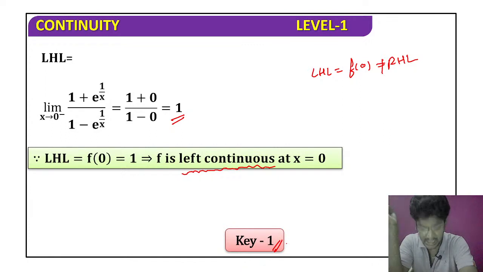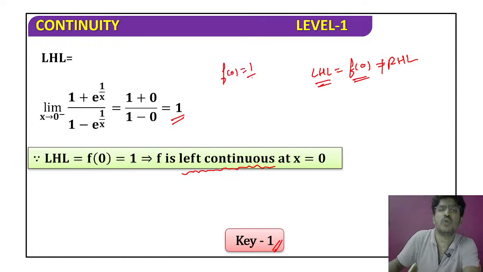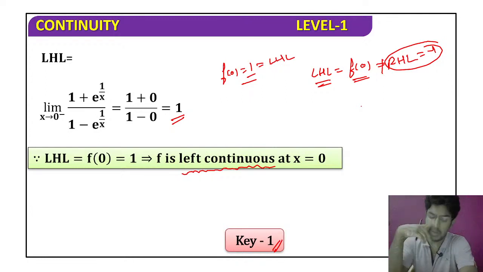Your LHL is equal to f of 0, they have given that f of 0 is 1, we have got LHL also equal to 1, but RHL is minus 1. So therefore, left continuous is your answer. Clear? Okay.